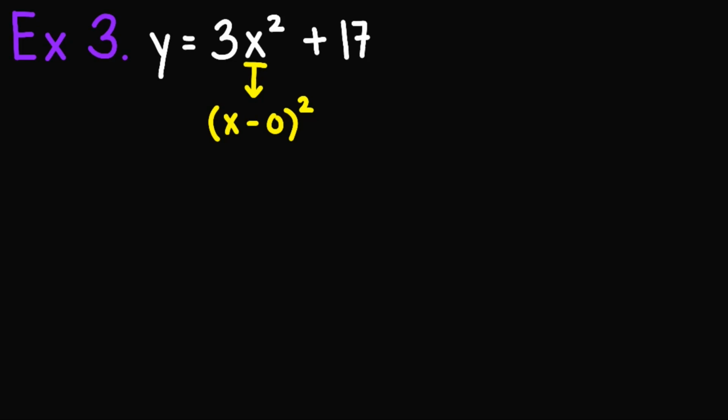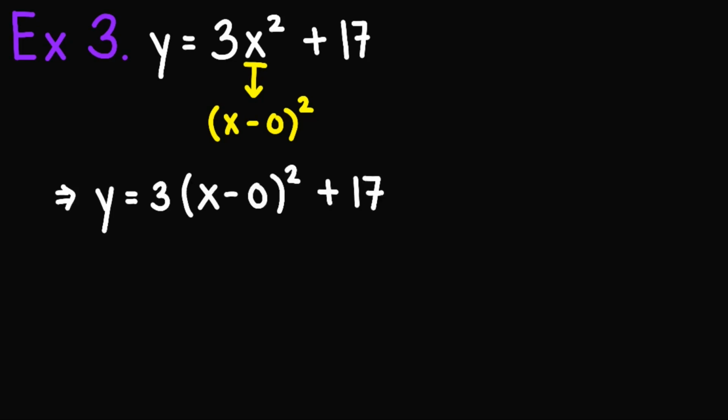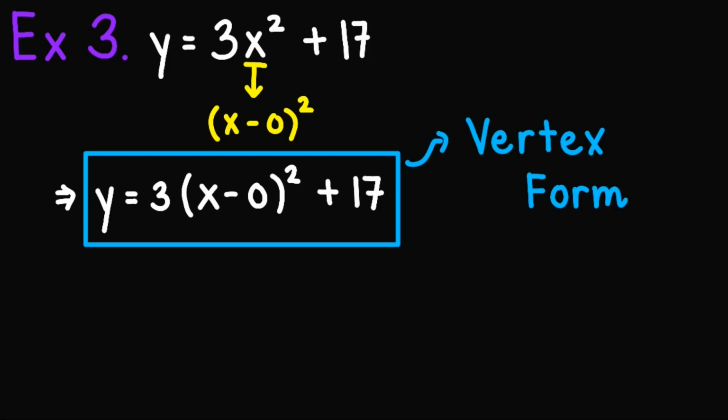And so we can write this equation into y equals 3 times x minus 0 squared plus 17. Observe that this one is already in its vertex form since it matches a out here, x minus h out here, and k. So clearly, this one is already in its vertex form.